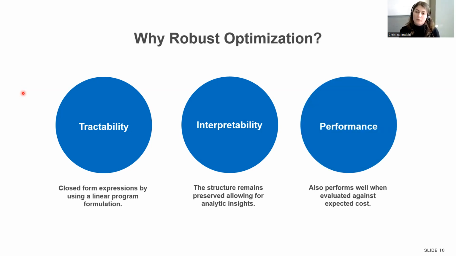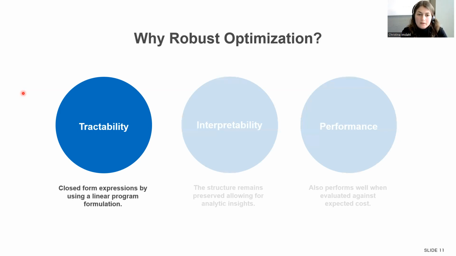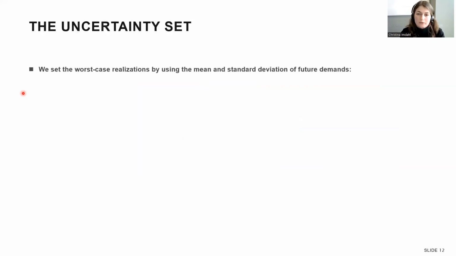And we also test for the manufacturer that we are working with how well this performs in practice, and also in comparison to currently employed heuristics. And we show that the robustly optimal policy performs very well in a numerical study, but also when applied to the data of the manufacturer. So first, let's look at the robust formulation and at the solutions to the robust formulation.